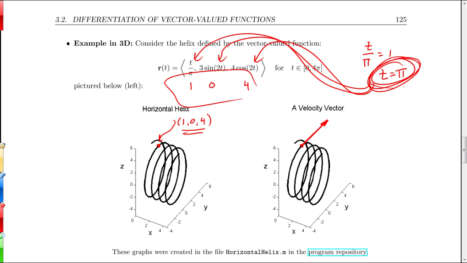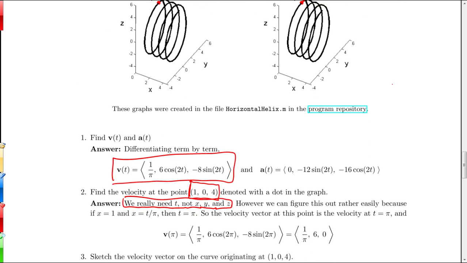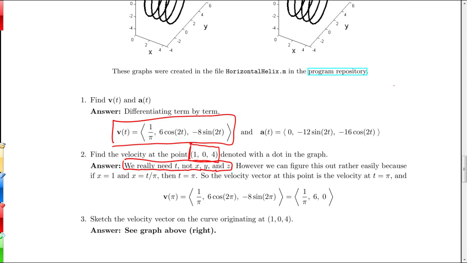If I want the velocity at this particular point right here, I need to figure out what value of t gets us there. And we figured that out. t equals pi. Alright, so now all I have to do is take t equals pi, stick it into my velocity function, and I get 1 over pi, that's constant, 6 cos 2 pi, negative 8 sine 2 pi.